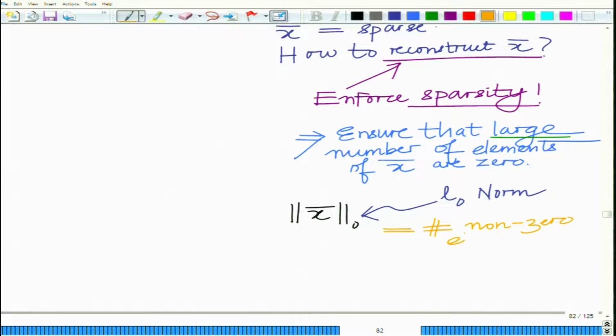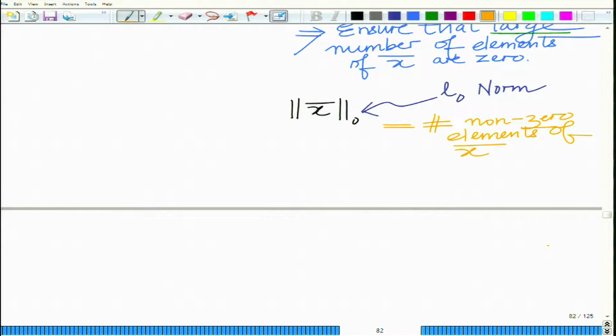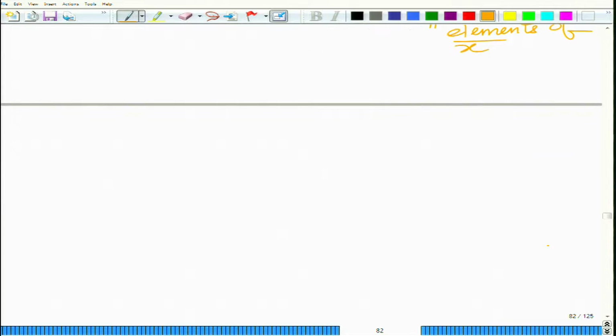non-zero elements of x bar. So, this is precisely what we want to minimize, the number of non-zero elements of x bar, which is the L0 norm. For instance, let us say you have the vector x bar equals 0 0 2 0 minus 1 0 0 0.